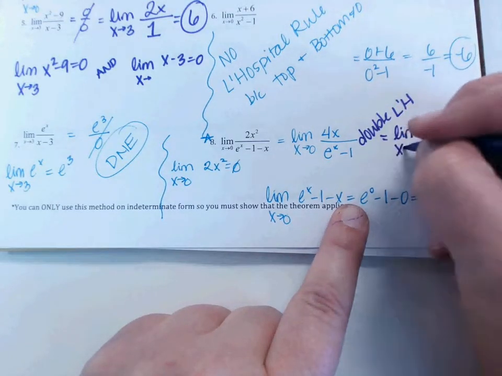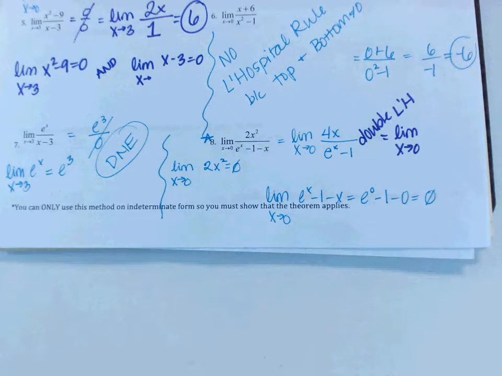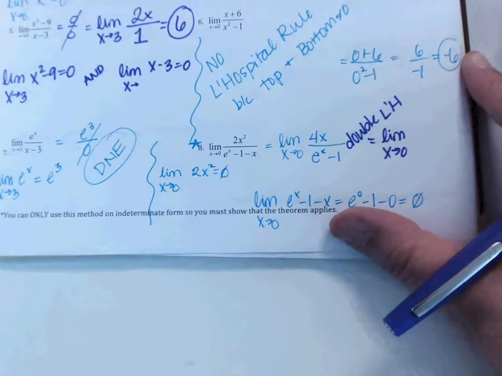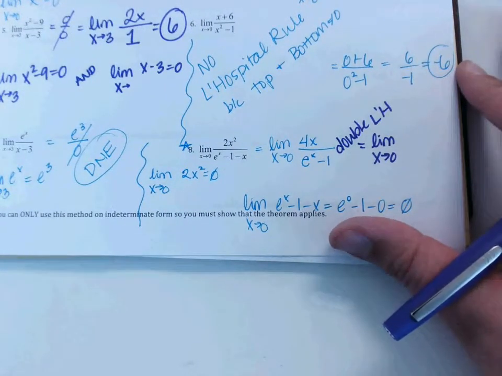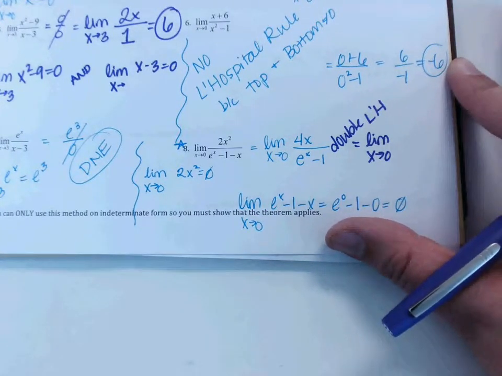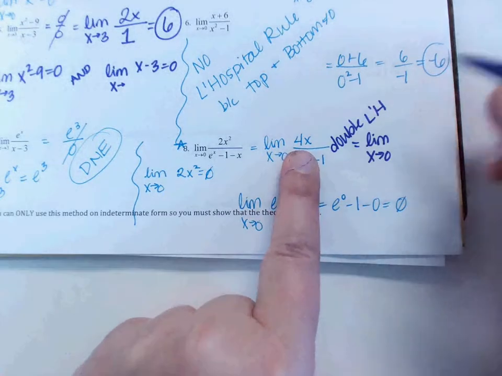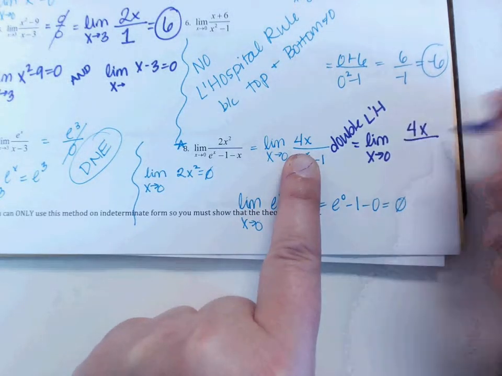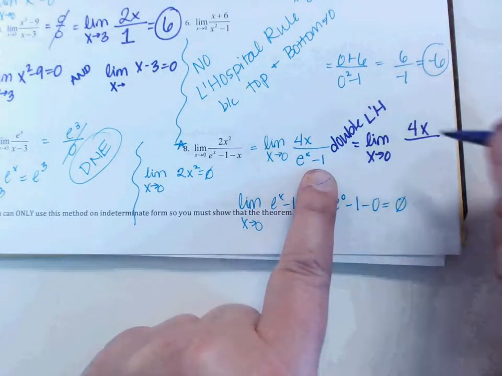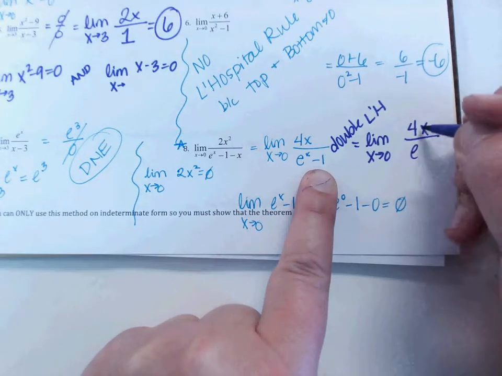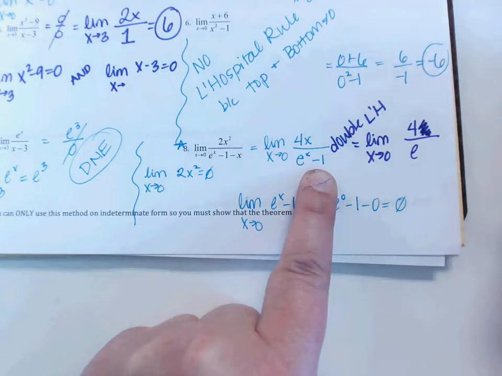Now, I'm not going to make you write out the one-sided limits, but if you get 0 on top and on bottom, you do L'Hopital's again. So on top, what is my second derivative now? 4x. What's my derivative of e to the x minus 1? Not 4x. No, it's just 4. Oh, just 4, thanks. My bad.